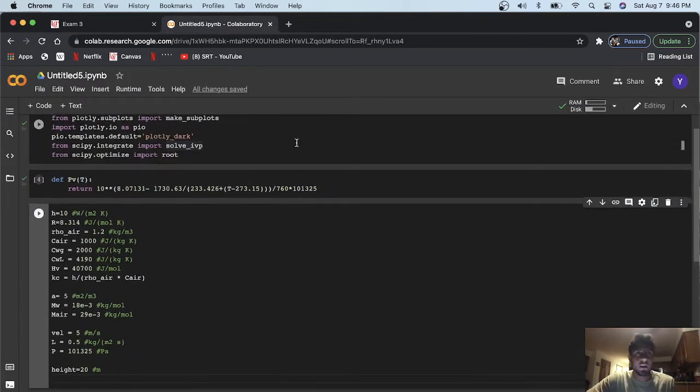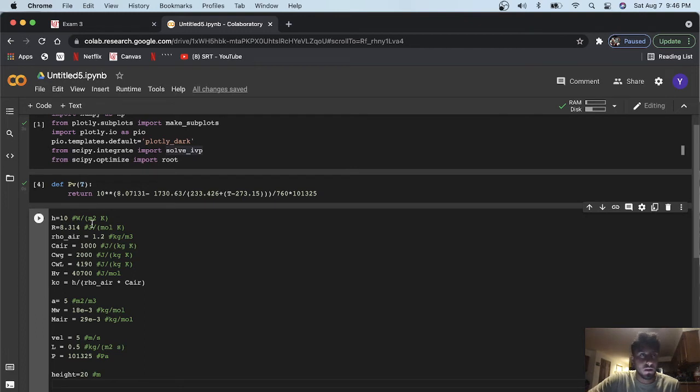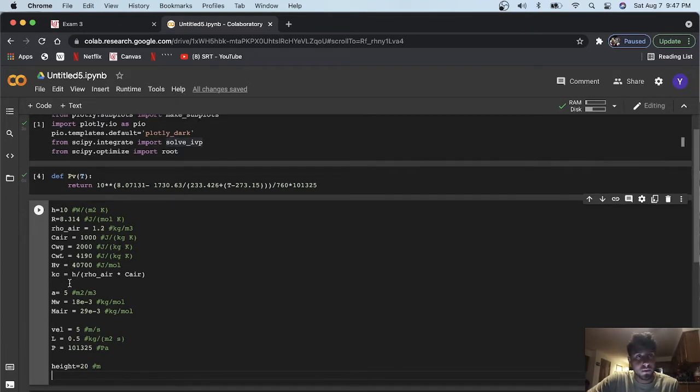I already went ahead and wrote down all the variables that we needed. We needed the heat transfer coefficient, the gas constant, the density of air, the heat capacity of the air, the heat capacity of the water in the gas phase, the heat capacity of the water in the liquid phase, and the heat of vaporization. I even got the mass transfer coefficient.